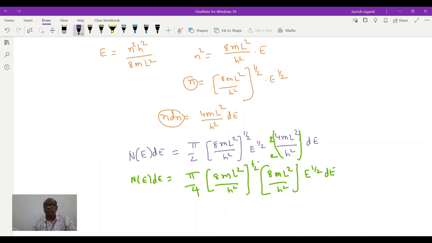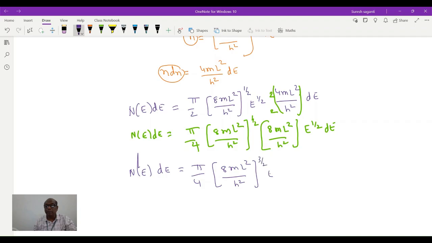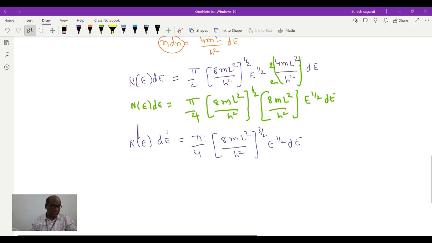So here you see it is to the power of 1 by 2, and here we have 1. So now n of E dE becomes equal to pi by 4 into 8 m l square by h square whole power 3 by 2 E power 1 by 2 dE, right? So that is n of E dE.